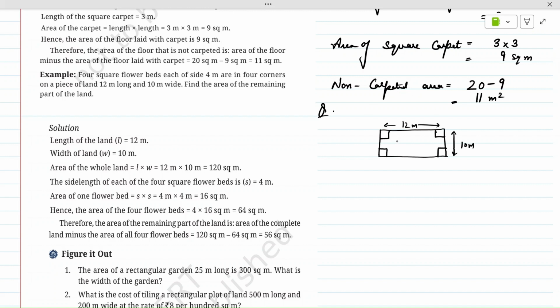These flower beds are in the form of a square. The length of the side is 4 meters. All of them have the same side length and all of them are squares.